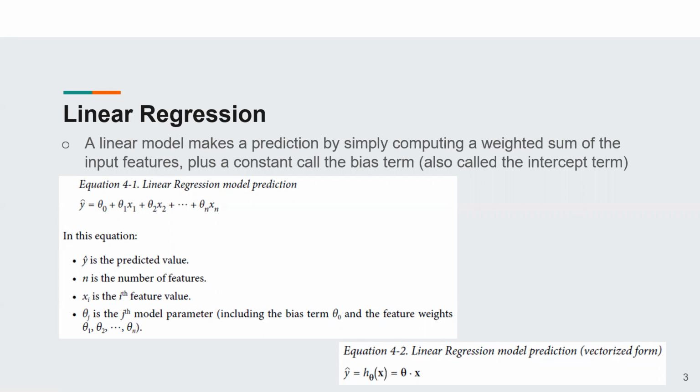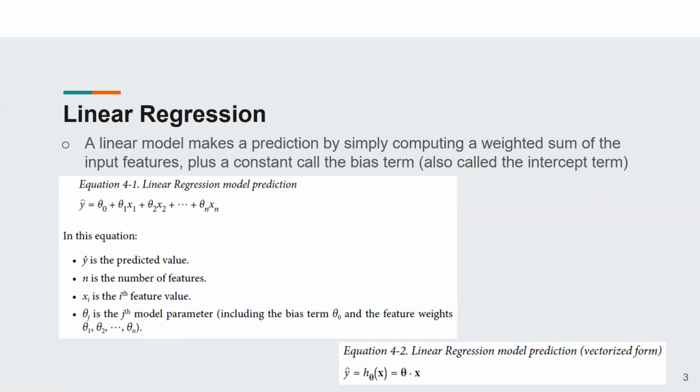Specifically, a linear model makes a prediction by simply computing a weighted sum of the input features plus a constant called the bias term, also called the intercept term.